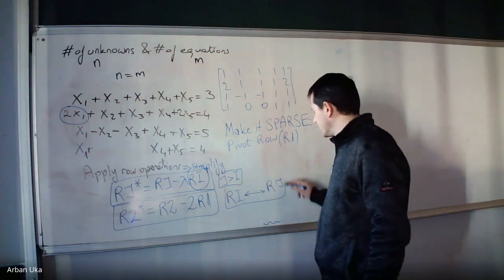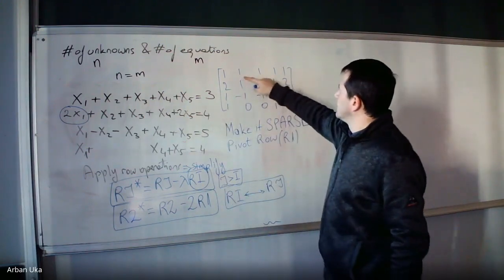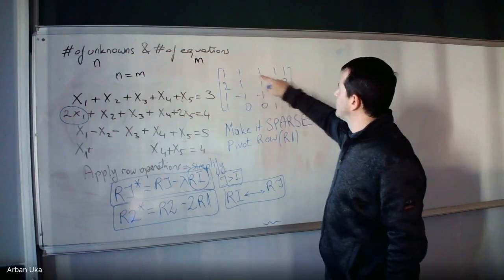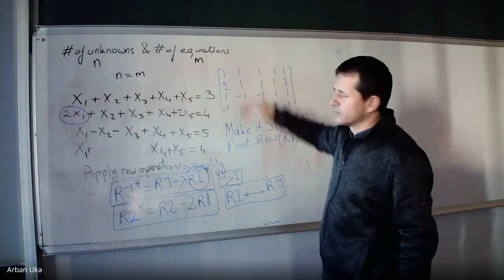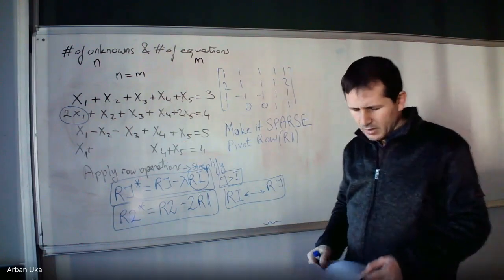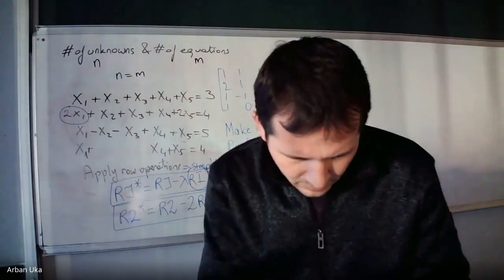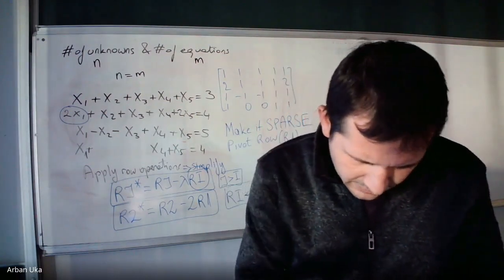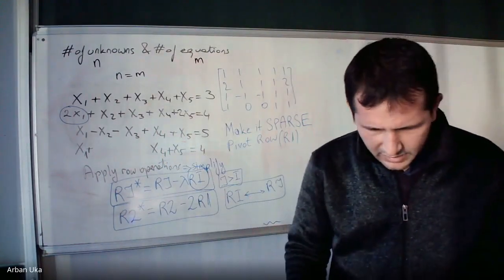So we can write this first row of all ones in the second row, and put the second row in the first one. So these are the elementary row operations, and let's see another example.